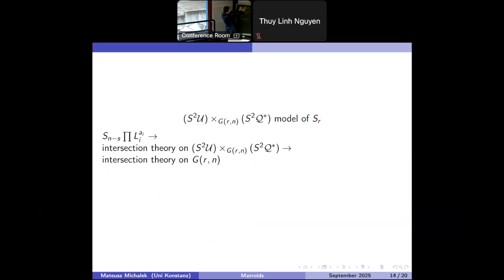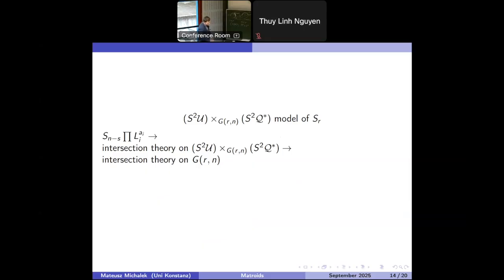So somehow when you take zigzags that break at a given thing, you can identify this space with a space that over every Grassmannian, you have a product of two projective spaces. These are symmetric matrices on the subspace you are on. The other one is the projectivization of symmetric matrices on the quotient subspace.